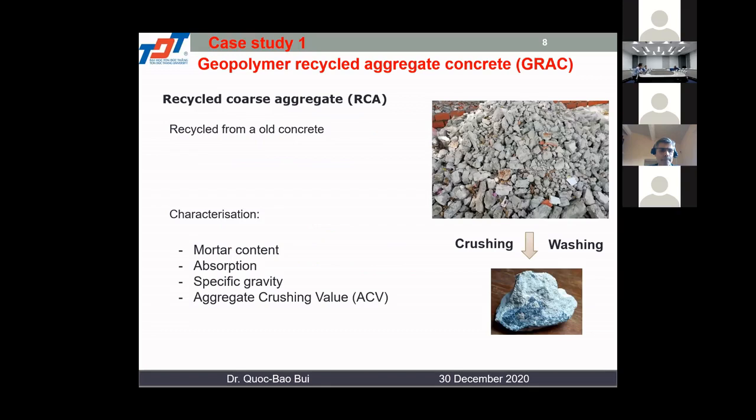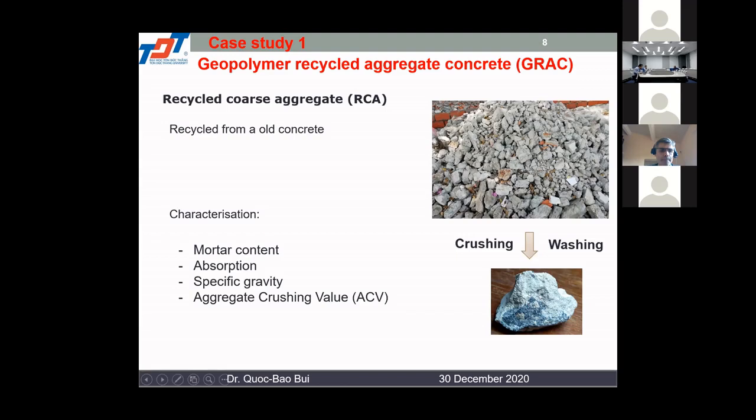The first one, geopolymer recycled aggregate concrete, GRAC. First, we obtain the recycled coarse aggregate by crushing and washing the old concrete. And we have done the characterization on mortar content.